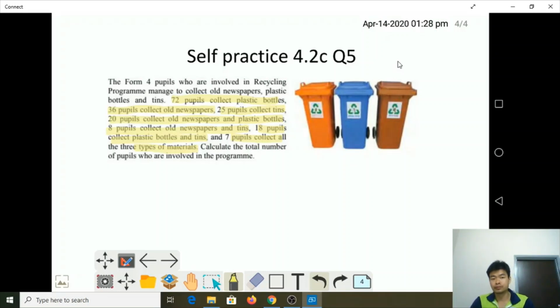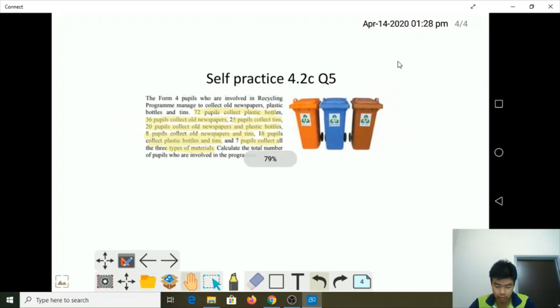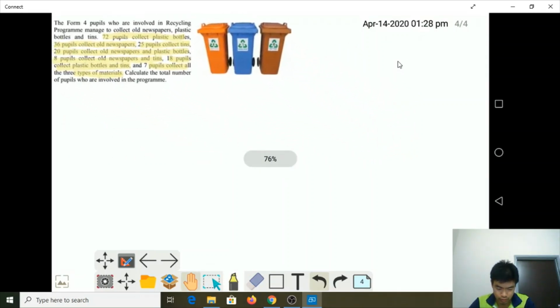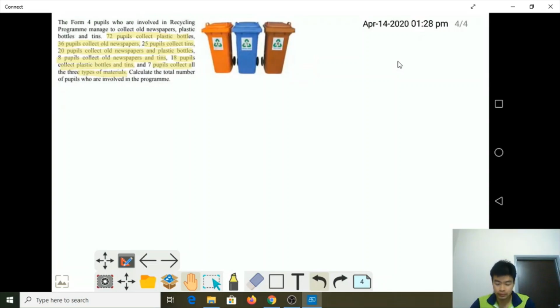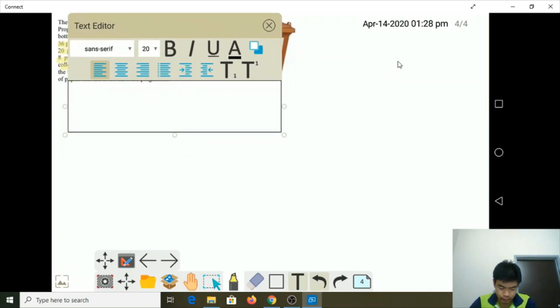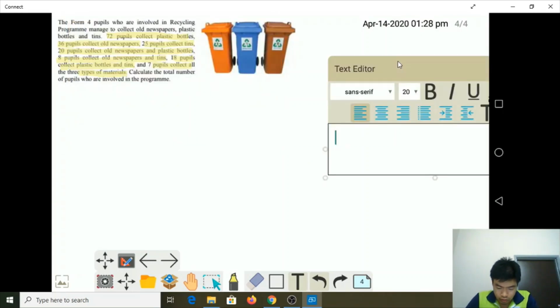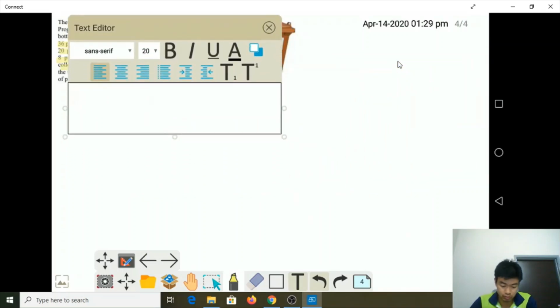First step, list down the information in point form. Let me quickly do that. Zoom out, pull it to the left-hand side here, and let's go. I don't know the total, which is what the question wants me to find. So 72 pupils collect plastic bottles.